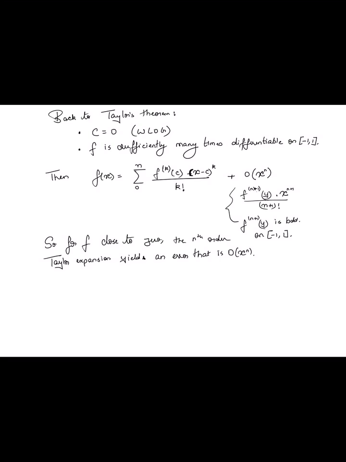Okay, so in this sense, the error shrinks faster with more and more terms in the Taylor expansion.